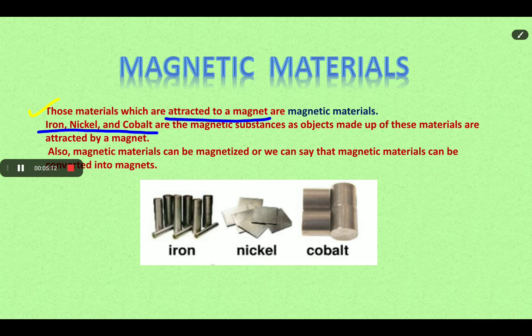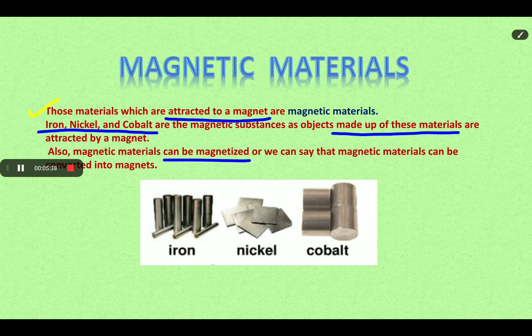And all the objects that are made up of these materials, means all the objects that are made up of either iron, nickel or cobalt are also called magnetic materials. Now, one of the important properties is that the magnetic materials can be magnetized.